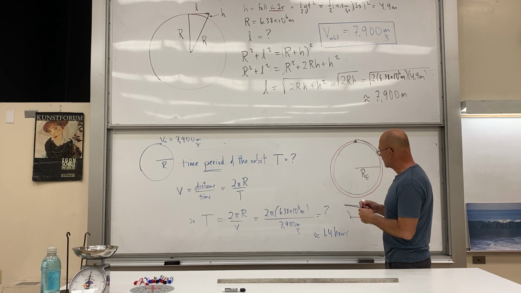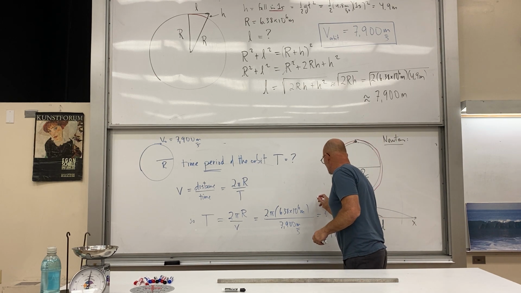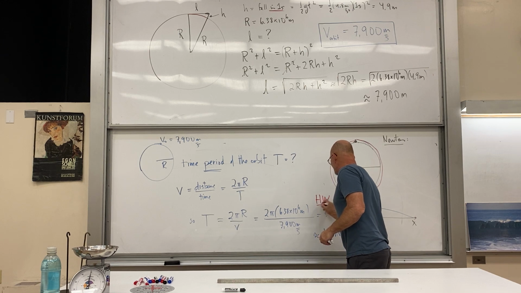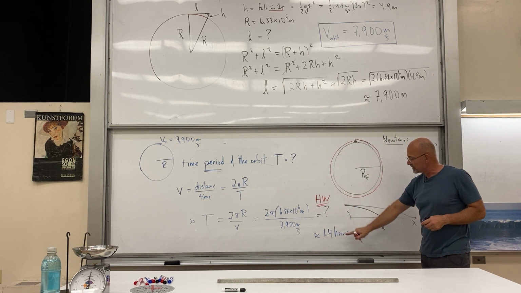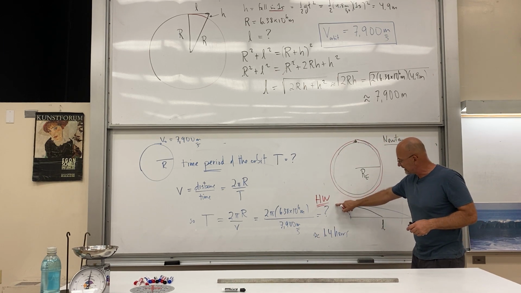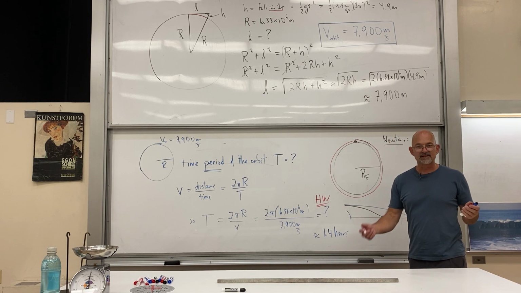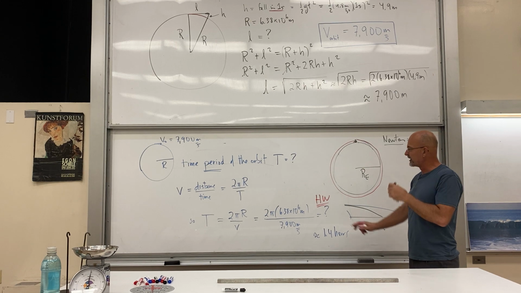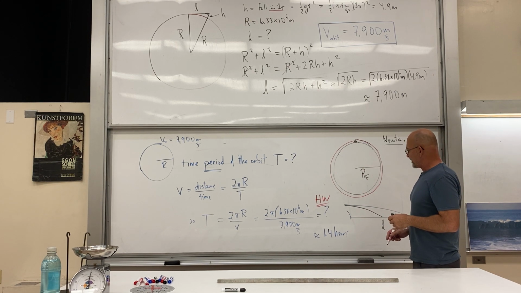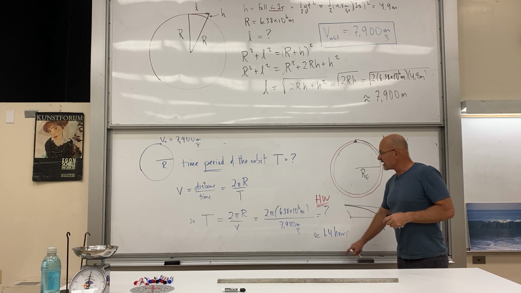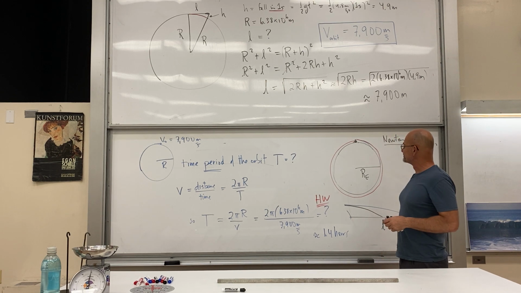As you're working your notes, make sure you have a calculator at hand and go ahead and do this and find out how many seconds and then how many hours. There are 3,600 seconds per hour, but you can figure all those things out. The period of orbit doesn't take that long.